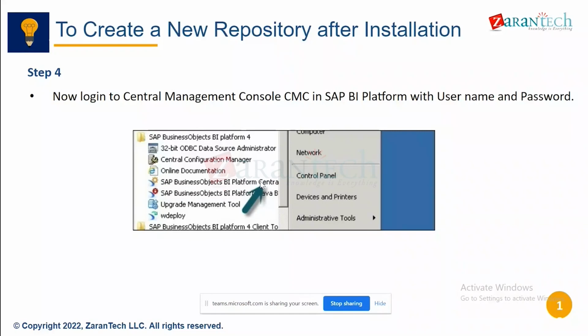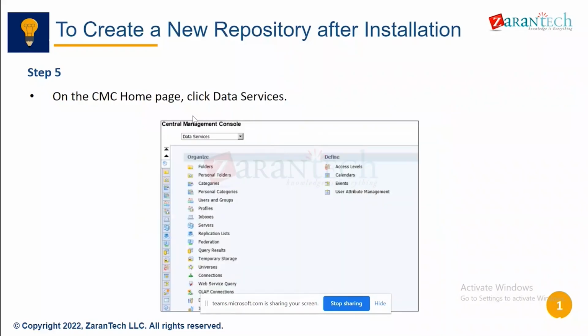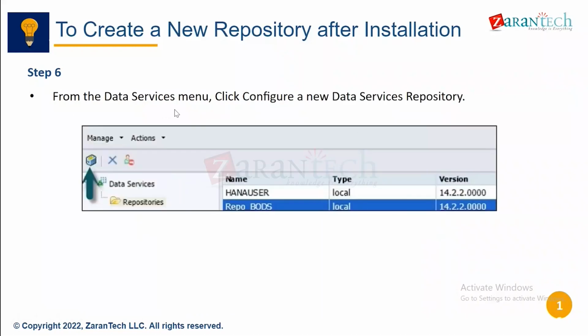If we click on this, one URL, one UI will open, and from that UI you will get this window. From this window, you need to choose Data Services. If you click on that, you will get this window.